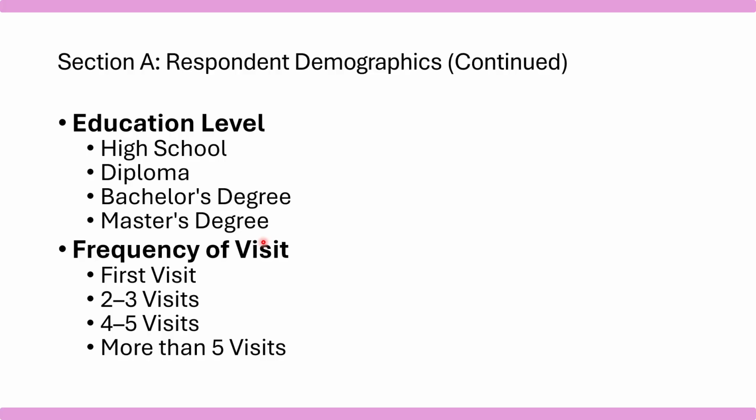You have to have the same scale in your multiple choices. If you say monthly, you can say once a month, twice a month, thrice a month, and so on. If you want to use weekly, you can use once a week, twice a week, thrice a week, and so on. That's all for the respondent demography.